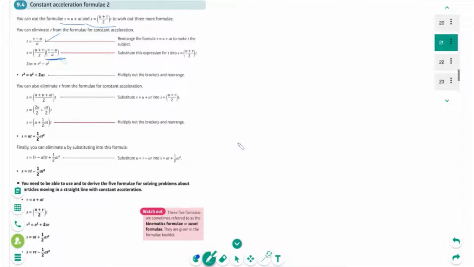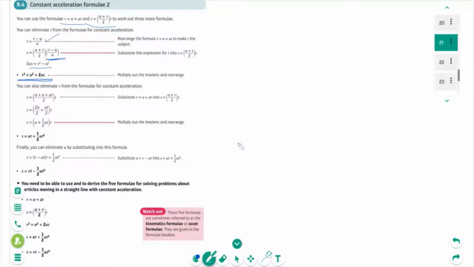Do the algebra, square out the brackets, and you get another equation, which is given to you. This is an equation which does not involve t. So you can solve problems if you know u, v, a and s.